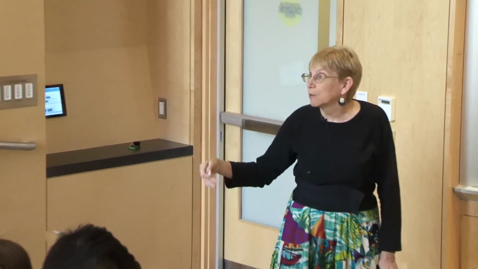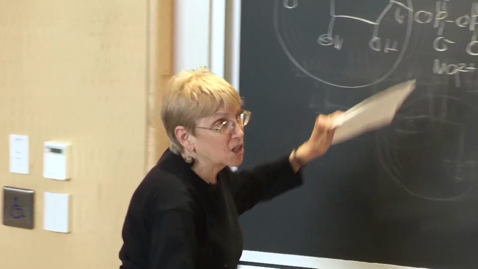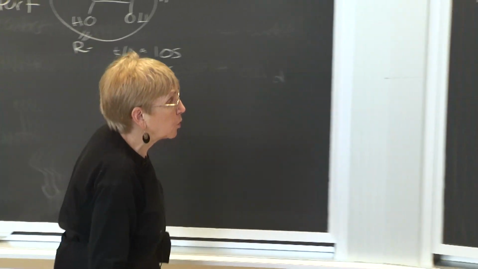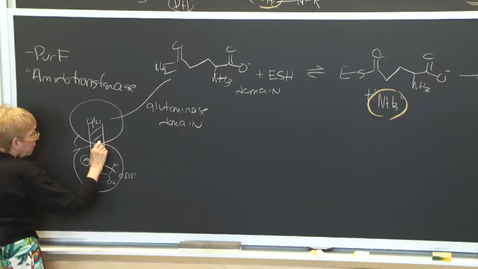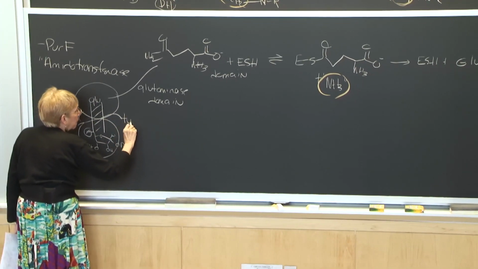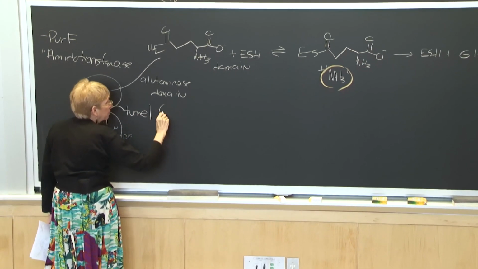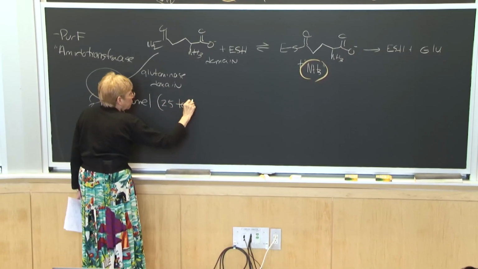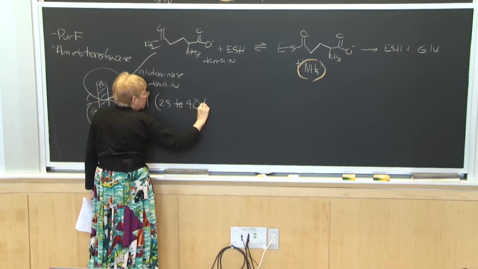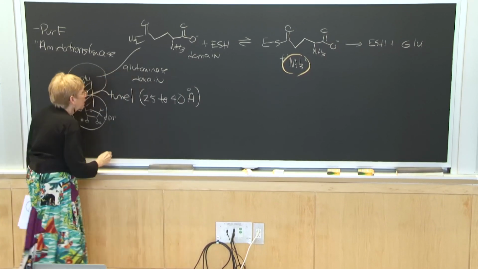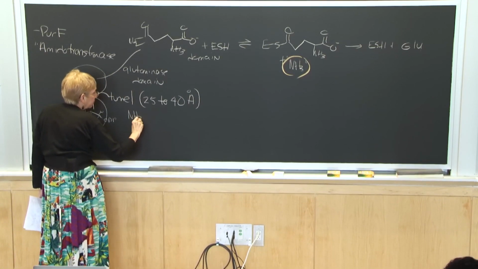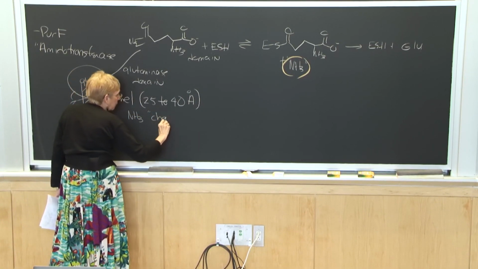This is another example of channeling a reactive intermediate, which we talked about as potentially a reason for channeling in the purine pathway. We have a number of structures, and the ammonia channels.